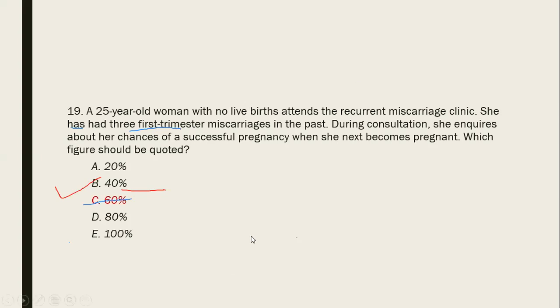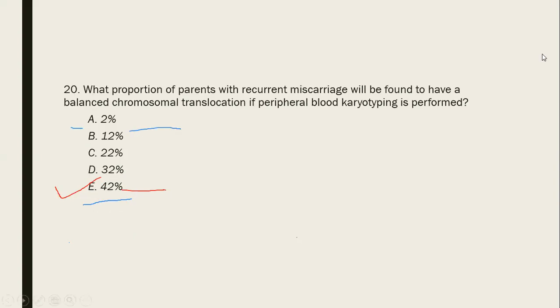Yes, you are right. Look, this is how we get tricked. In the guideline he said her chance of recurrent miscarriage, but here he wants her successful pregnancy outcome. So keep your mind on this.